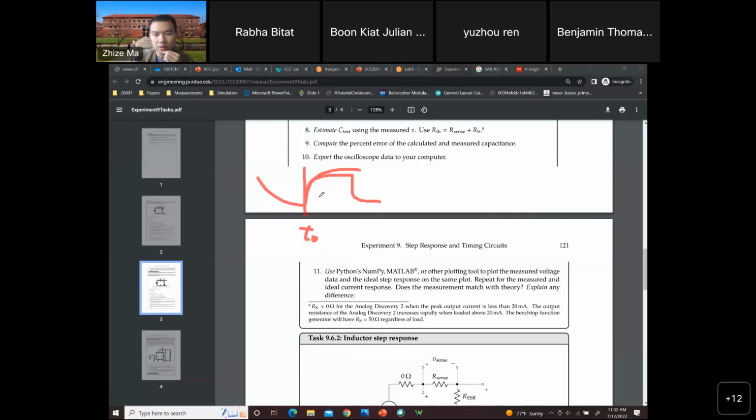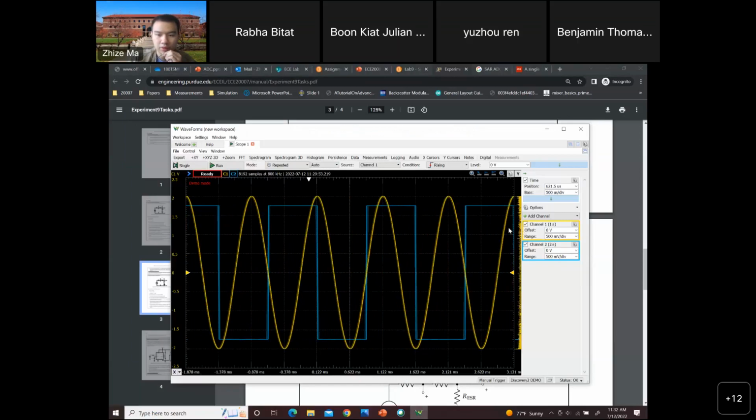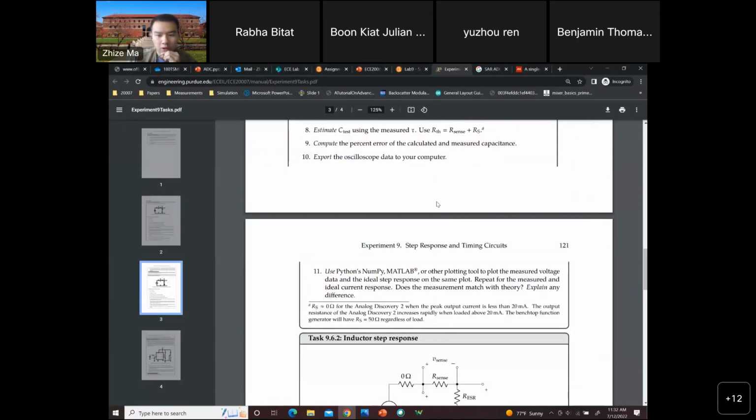You can do this in Excel or MATLAB by choosing the data from when the capacitor starts charging, or when you take a screenshot in the oscilloscope and export the data, put the left part of the oscilloscope at when it starts charging.